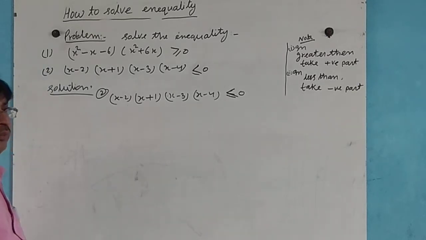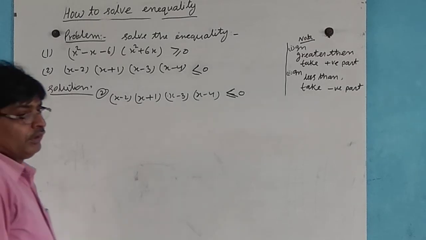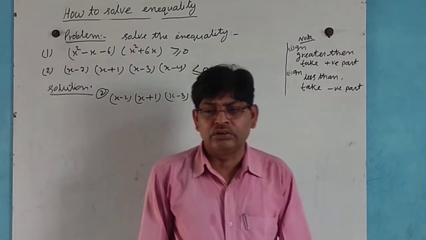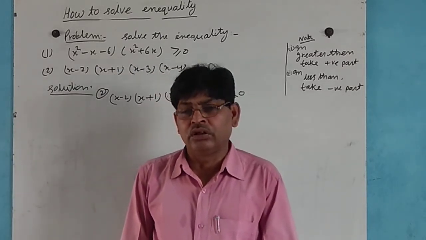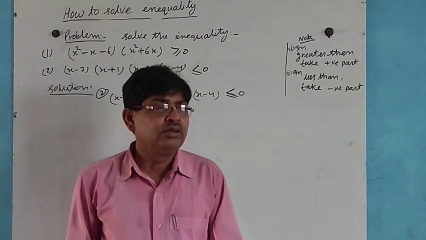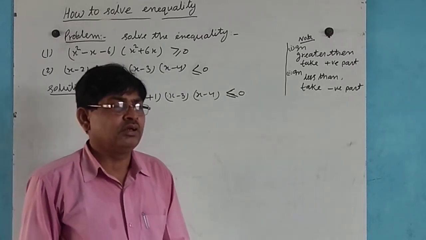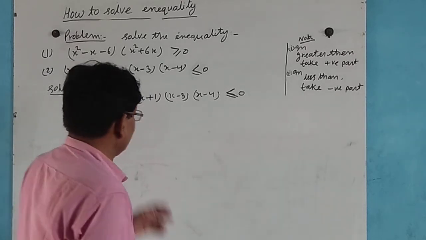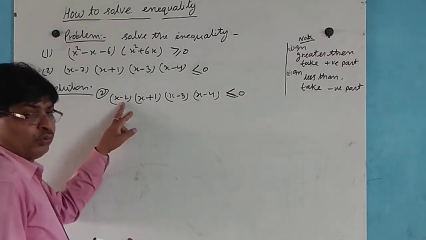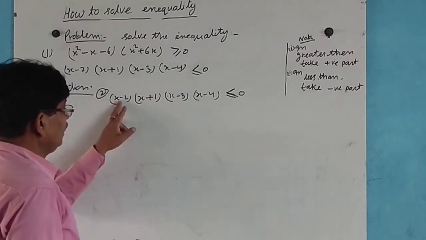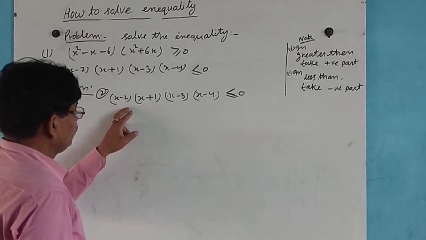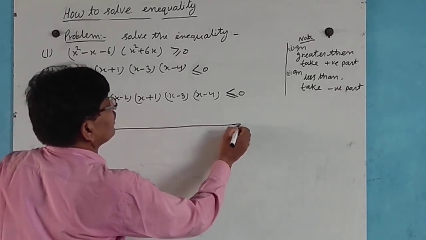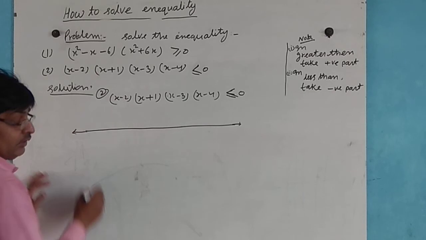Now, for solving such type of inequality, first of all, indicate the value of x on the line. For this, we equate each part of the expression equal to 0. We get the value of x. Now here, x minus 2 less than or equal to 0, x less than or equal to 2. Now indicate on the line here, this and this.